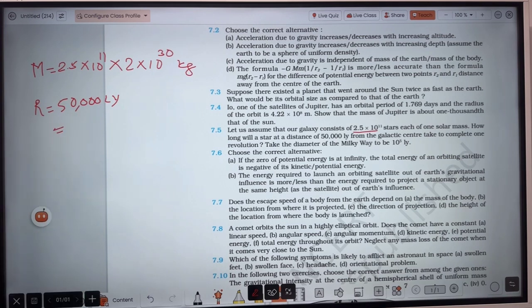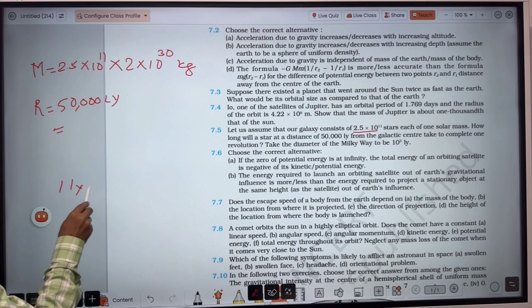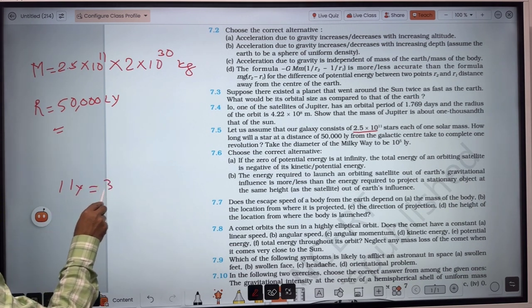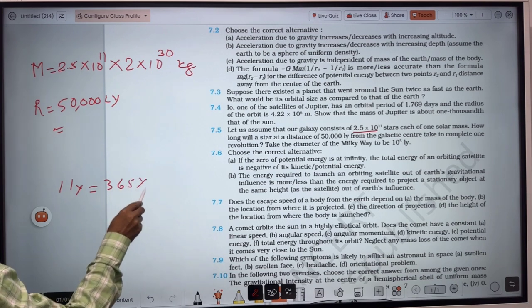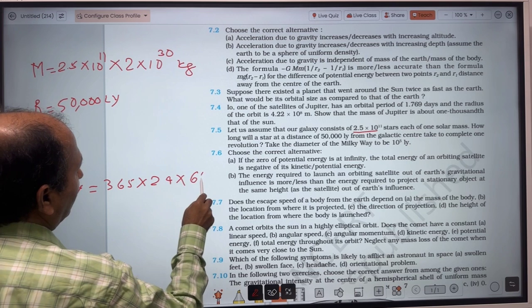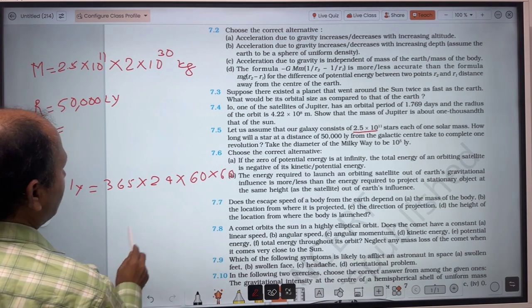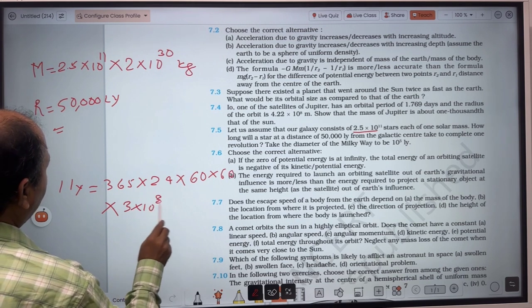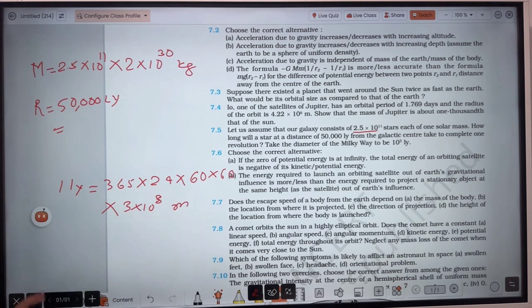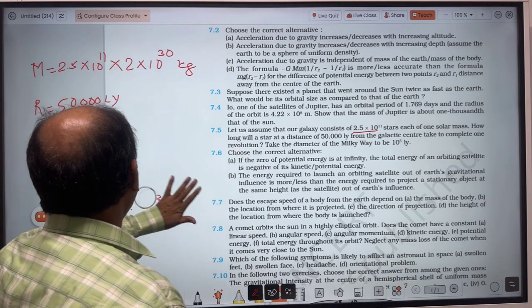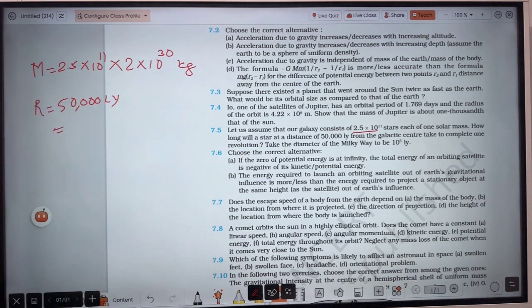So we have to write the value of 1 light year, although you know how to evaluate 1 light year. 1 light year means distance traveled by light in 1 year, that is 365 days into 24 hours into 60 into 60, which is the number of seconds in 1 year, then speed of light 3 into 10 to the power 8. So 1 light year will be around 9.46 into 10 to the power 15.